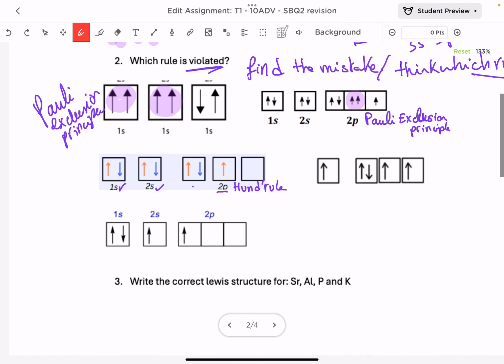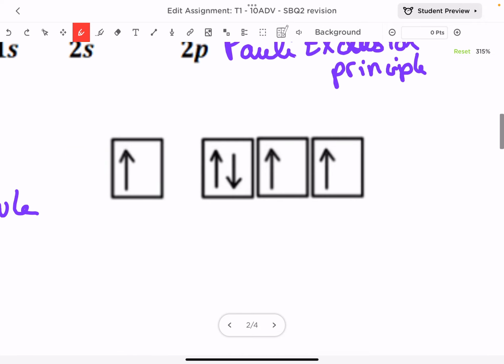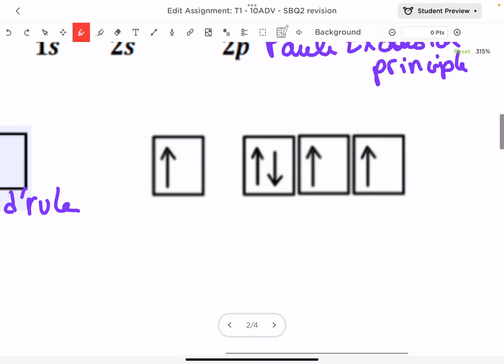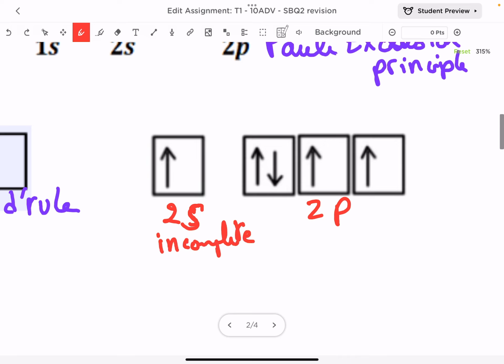Moving on, the next diagram. Let's look at it and see where the mistake is. So this is obviously 2p, this is obviously 2s, and there's definitely 1s behind, but they're not showing it. The 2s is incomplete, and then they started filling the 2p.